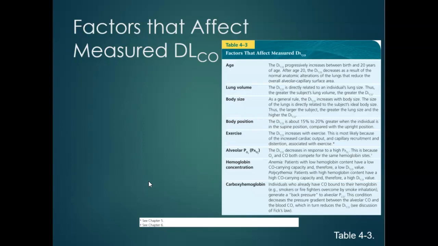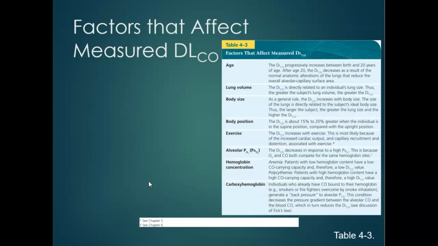Even though hemoglobin has a better affinity for carbon monoxide, if I have enough oxygen dissolved in my plasma, then some of it is going to be bound with hemoglobin, and that's going to compete with the carbon monoxide and reduce its ability to bind with hemoglobin, decreasing your DLCO levels.